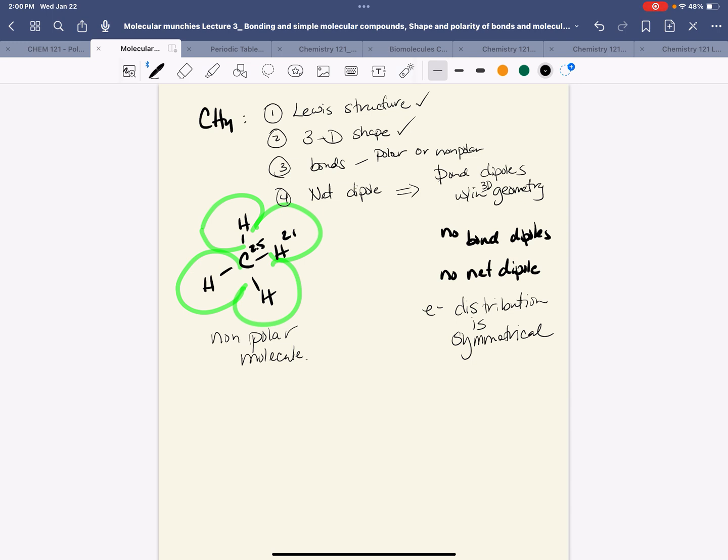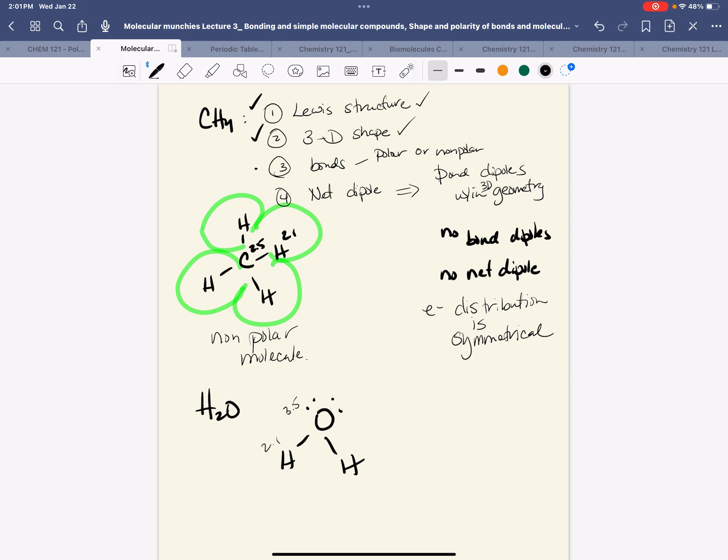So we talked about water a little bit, H2O. If we think about the Lewis structure, the 3-dimensional shape, and the bonds, we've done that already, so I want to look at that with you. We know that oxygen is the central atom, we know hydrogen is attached, and we know there are lone pairs. We also know, because we already looked at it, that this is 3.5 and 2.1.